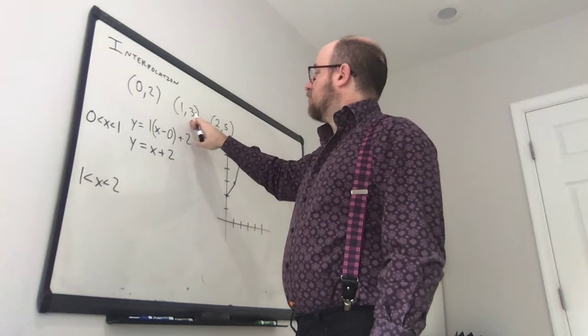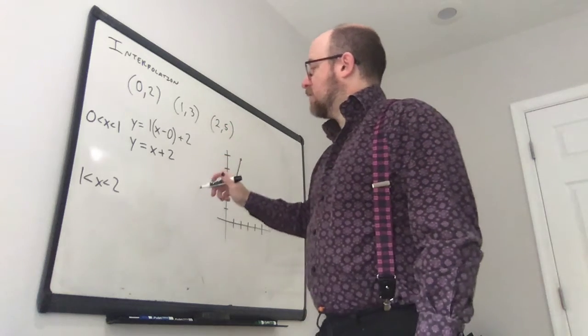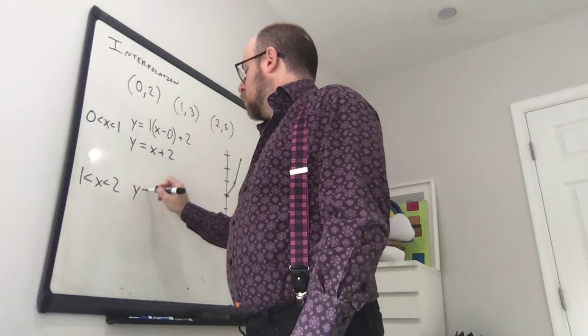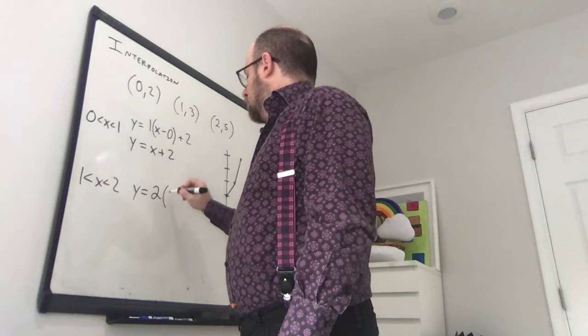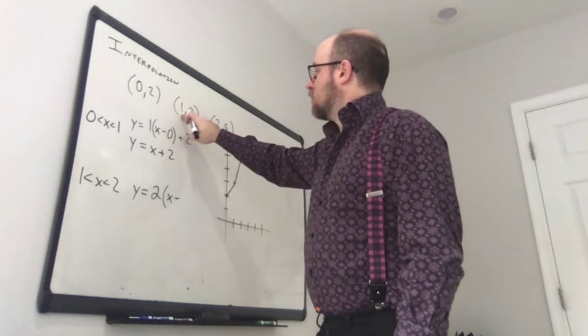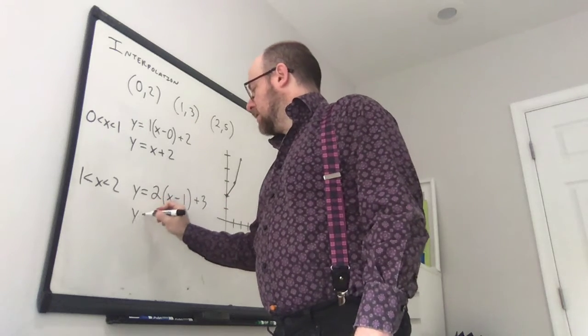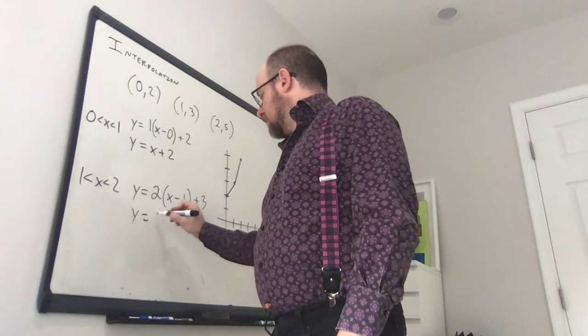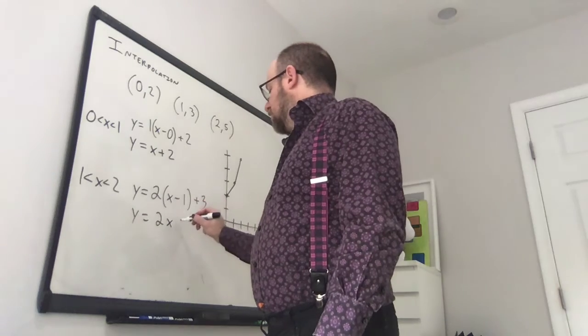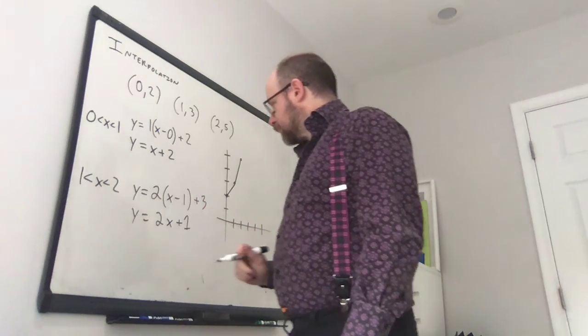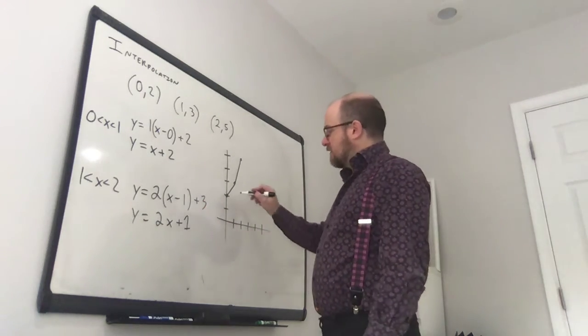So (5 minus 3) over (2 minus 1), so that's a slope of 2. y equals 2 times (x minus 1) plus 3, and so we get y equals 2x minus 2 plus 3, so plus 1. Okay? And so that gives us these 2 pieces.